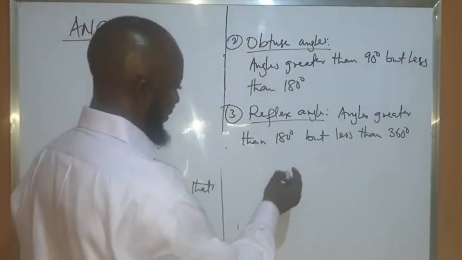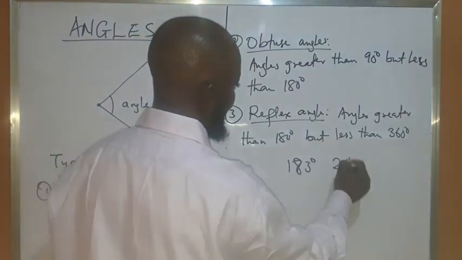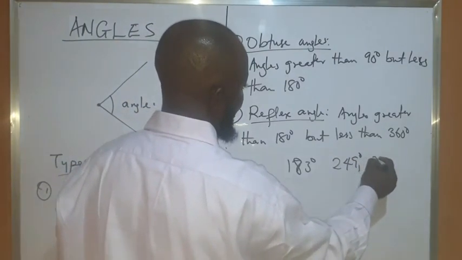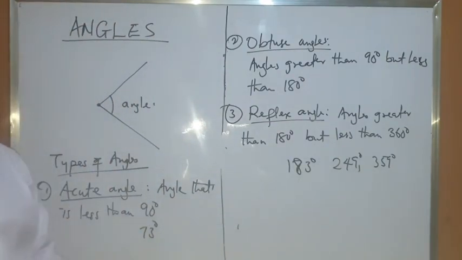So for example, if I have 183 degrees, 249 degrees, 359 degrees, all these angles are reflex angles.